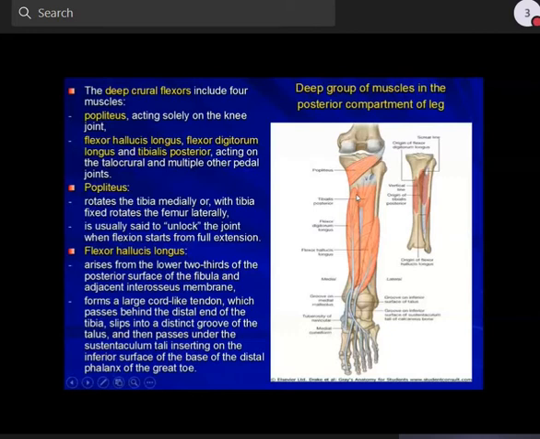It's very important to remember that the flexor digitorum longus starts medially, while the flexor hallucis longus starts laterally in the leg. Because of this, their tendons cross each other.